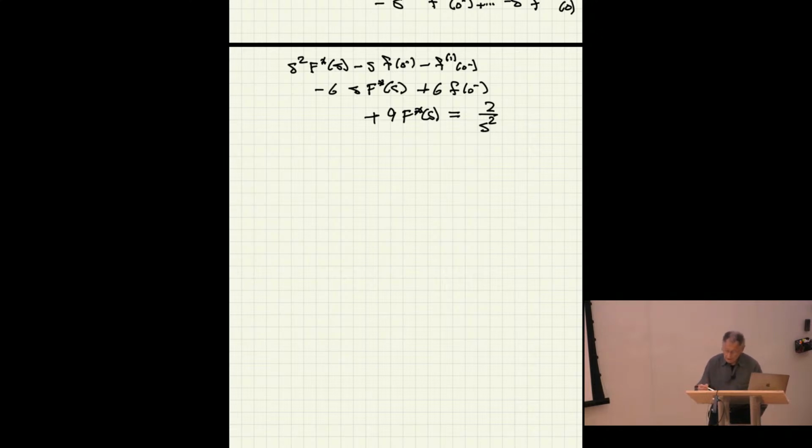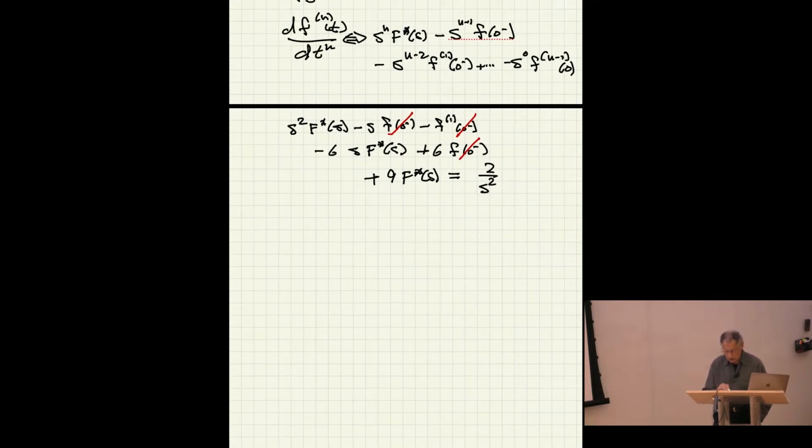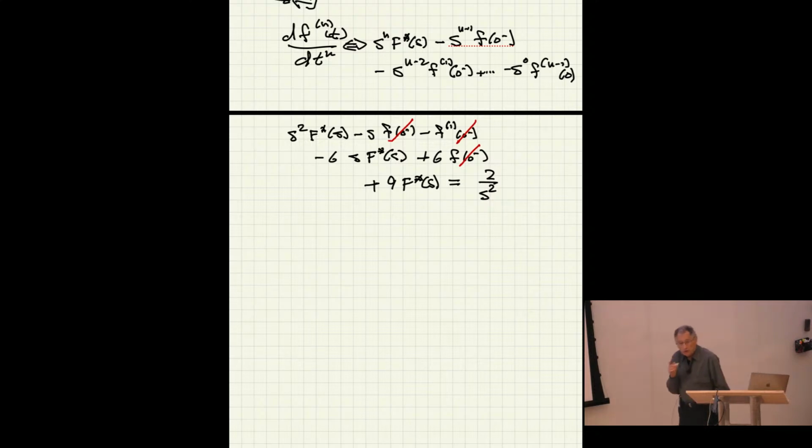Okay. Now, happily, we have some initial conditions. f prime of 0 is 0, and f of 0 is 0. So all these terms go away. By the way, this process I just quickly wrote down is equivalent to what we said in the expression for solving equations, namely, take the thing fn and match z to the n with it, fn minus 1, z to the n minus 1.